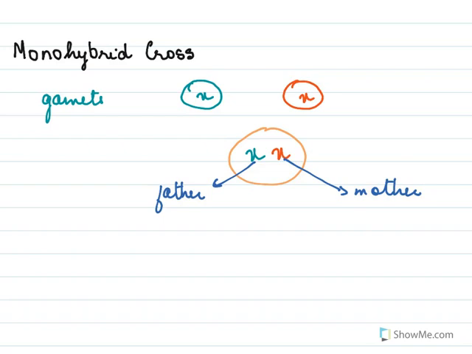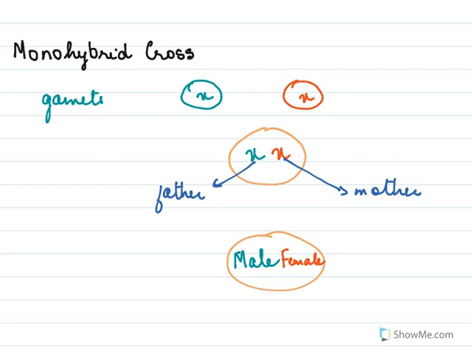So keep this in mind that every cell has got two sets of chromosomes. One set of chromosomes comes from the father, or from the male, and one set of chromosomes comes from the female.